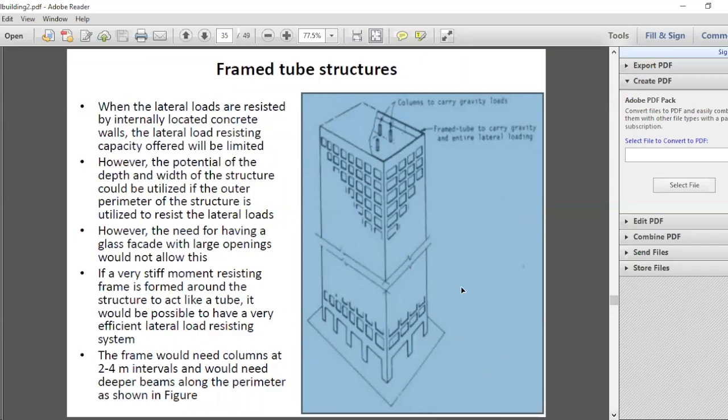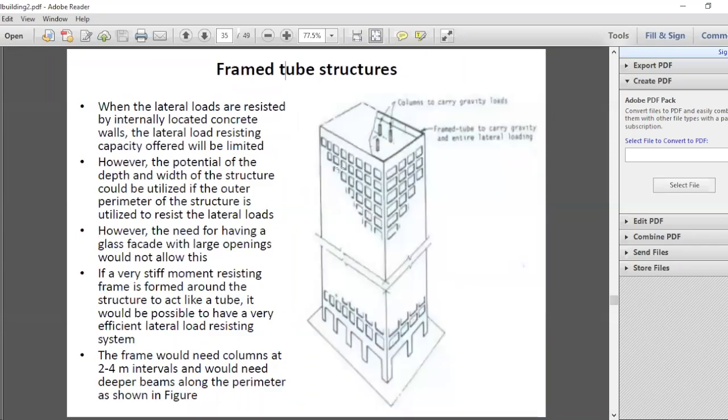But there are problems as well. The problem is when the wind loads are acting, the wind load will act on this frame, and then the loads will be transferred onto this frame. So the load on this frame will be transferred onto this, and then this will actually resist the wind loads.